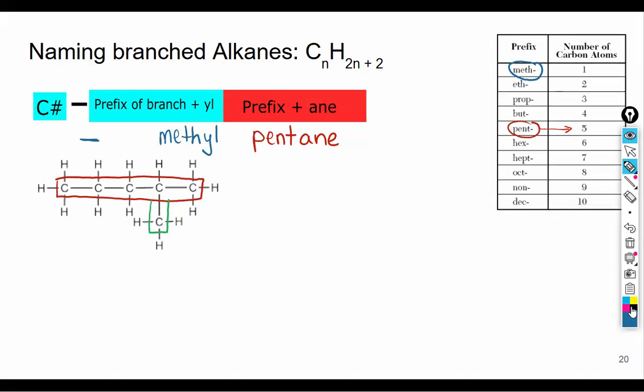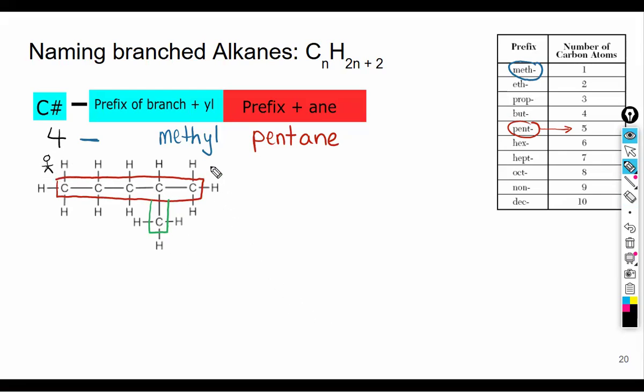On which carbon does the branch come off? Like, let me say you're walking here. Here's the first carbon, here's the second carbon, here's the third carbon, and here's the fourth carbon. Doesn't the branch come off the fourth carbon? So some people will say 4 needs to go here, but here's what you have to do.